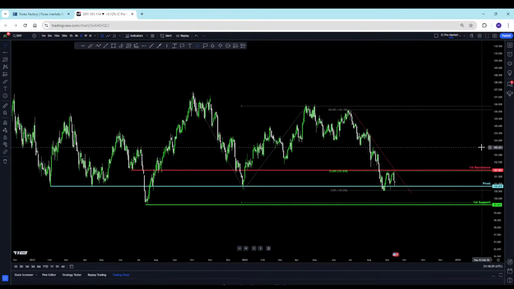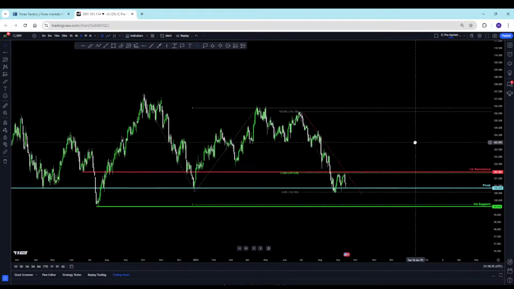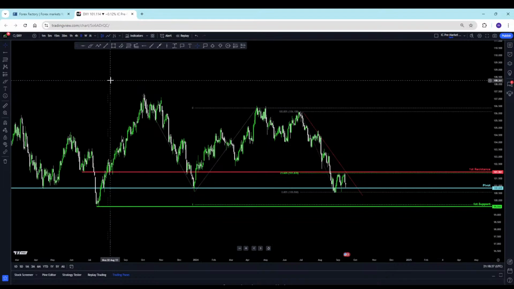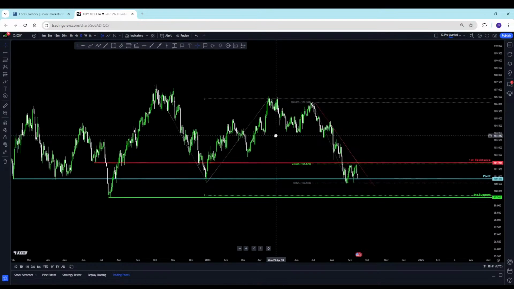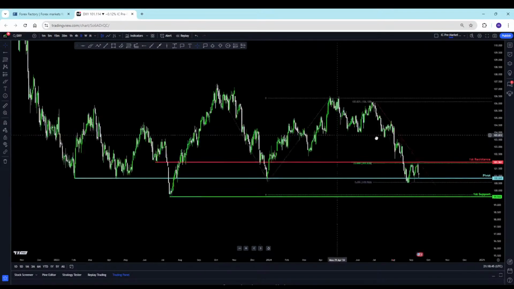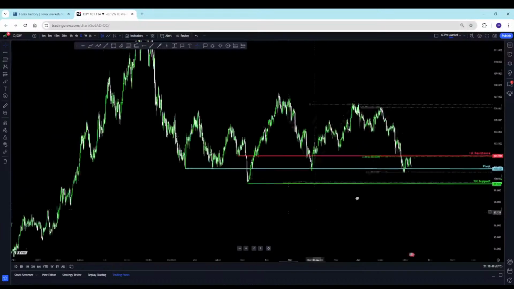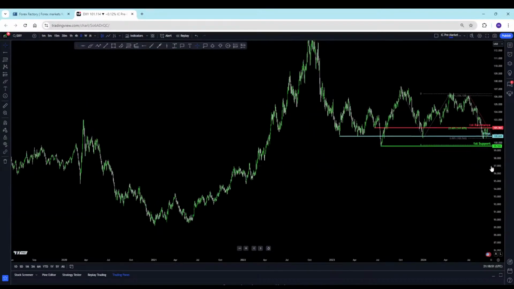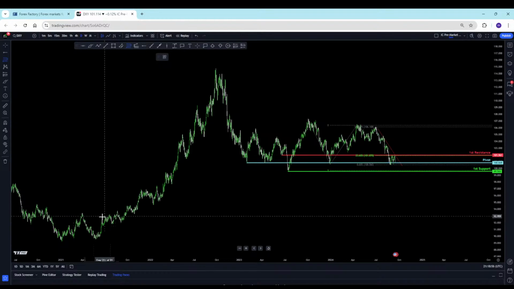That might be all the levels that we have. I think so. Okay, I might have a retracement here.